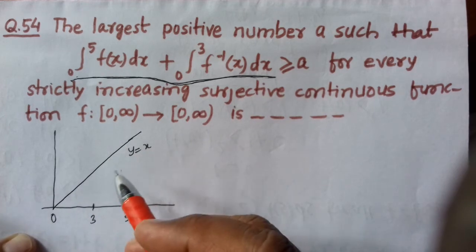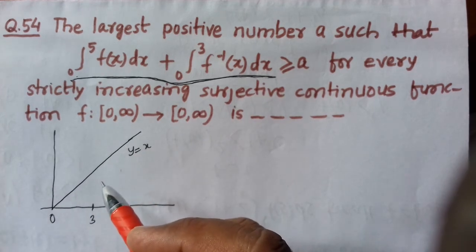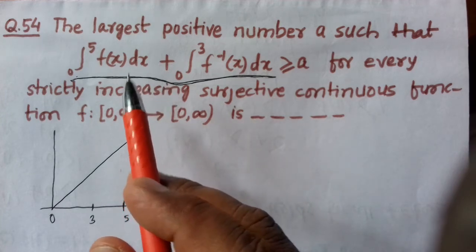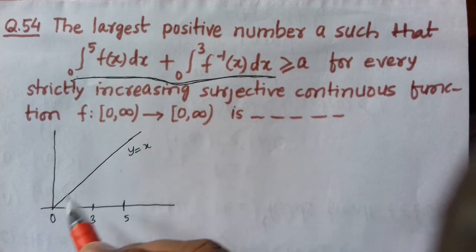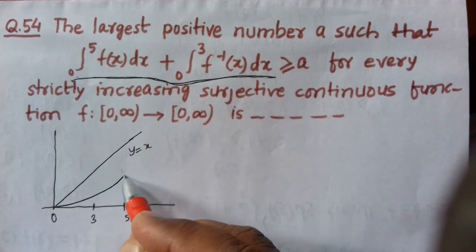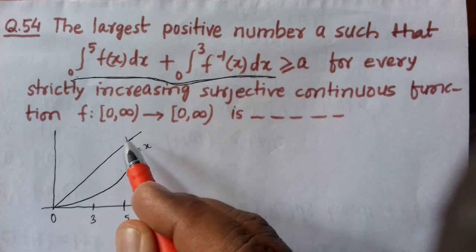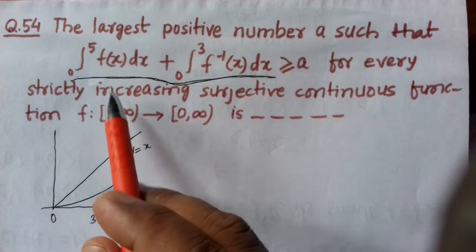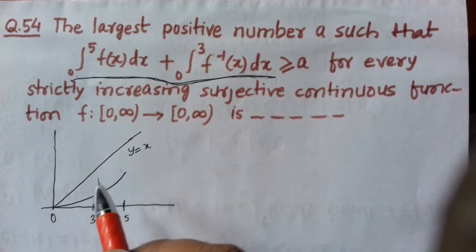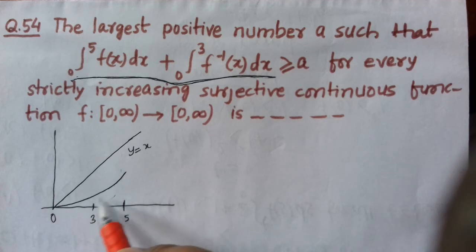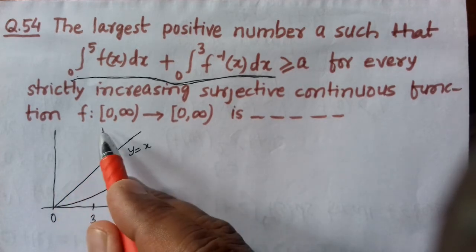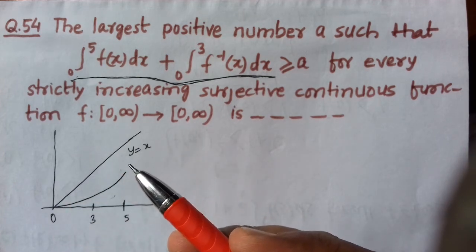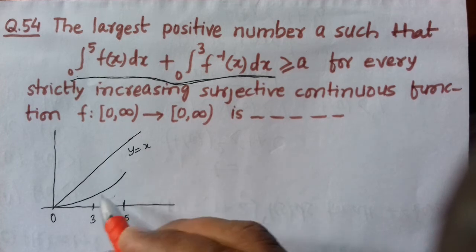But of these two ways, you will get the minimum when you take f(x) below this line y equals x, because integration gives us the area under the graph. If you take it above this line, then the area under the graph will be larger, but we have to keep the minimum. So I have drawn this line as f(x).